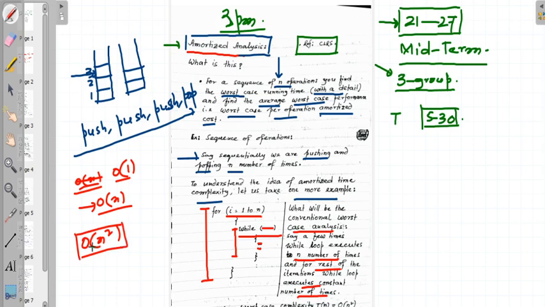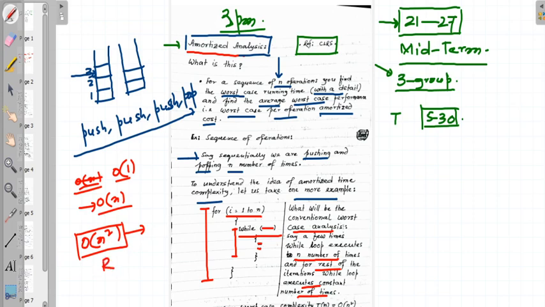So this could be the idea that we can employ, whatever we have learned so far, right? But there might be a problem. Although this analysis is right, this analysis may not be tight.